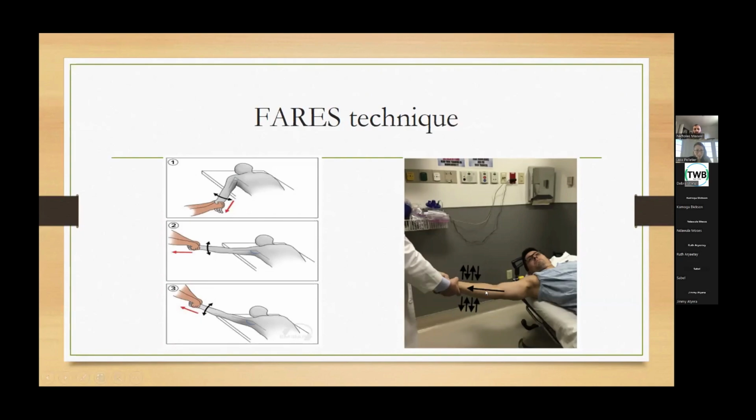And then the third maneuver is the abduction, where you're just basically moving the hand away from the trunk towards this direction. And then at 90 degrees, which is at about this level, you externally rotate it. They almost always fall back into position.